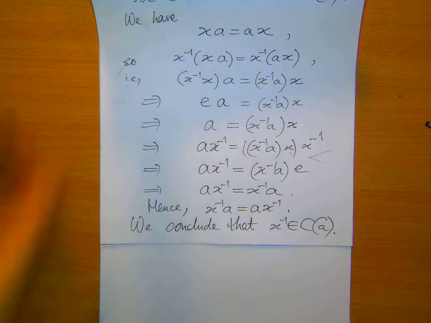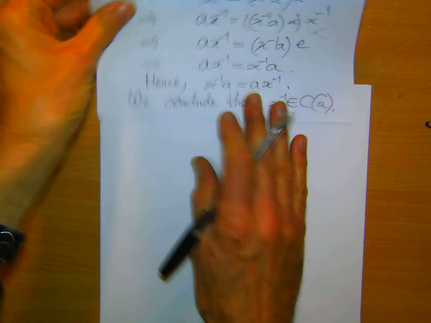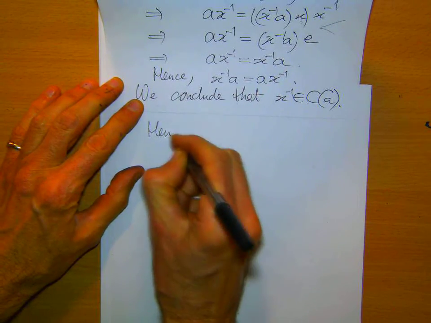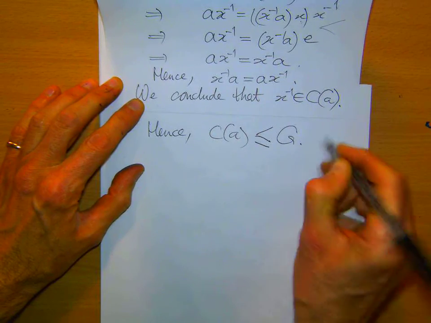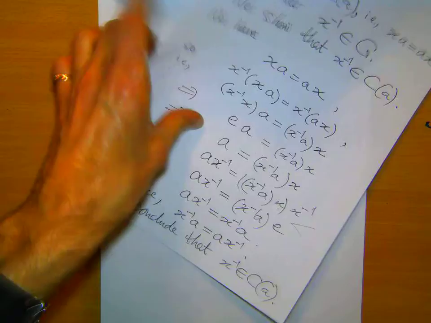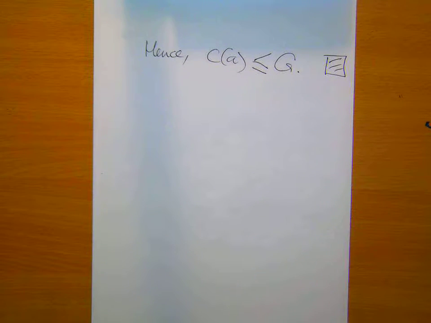So what we've got then is that C of A is a subgroup of G, because I've checked all three parts of the subgroup criterion. Is that okay?